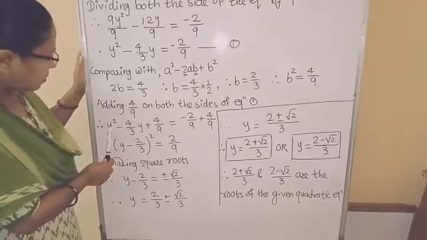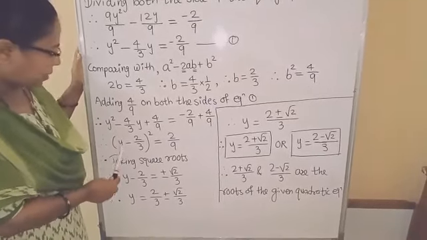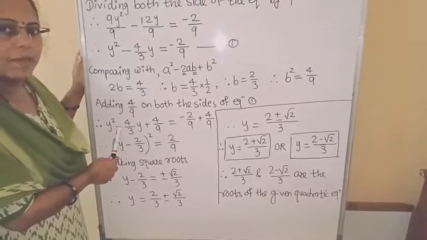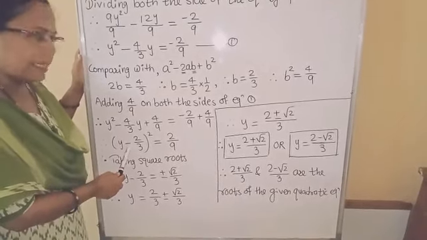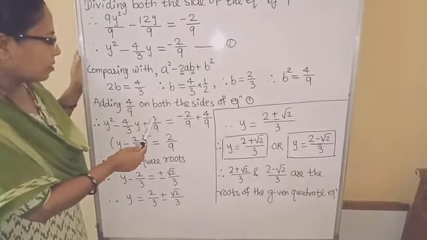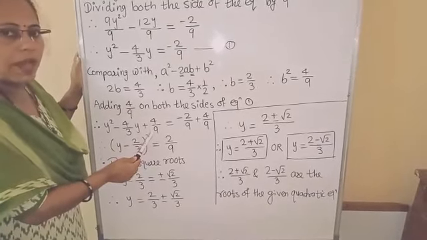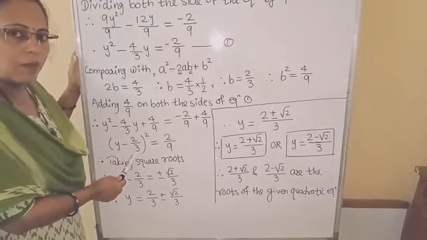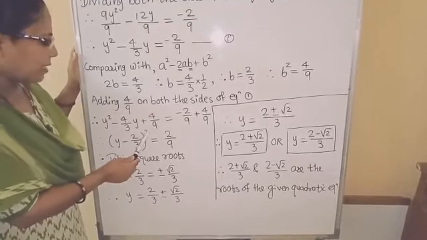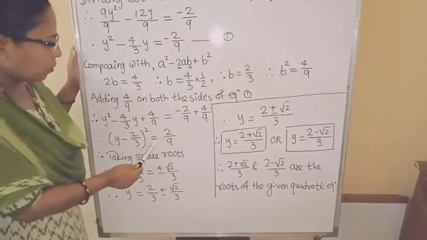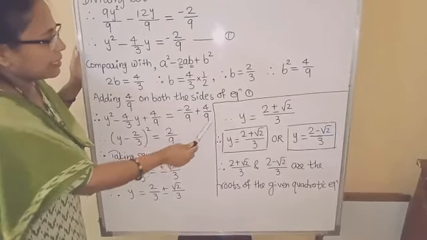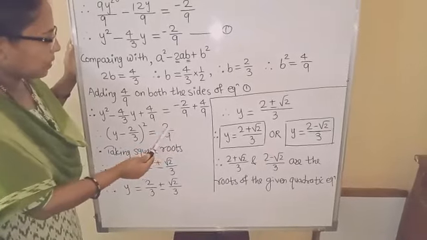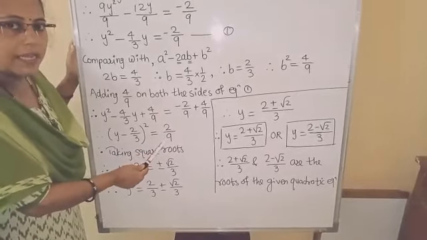So your first term is y square, its square root is y. Middle term is having sign minus, so write here minus sign. Third term 4 upon 9 is the square of 2 upon 3. So write here 2 upon 3 bracket square equal to, now when you simplify this, minus 2 upon 9 plus 4 upon 9, you will get 2 upon 9.